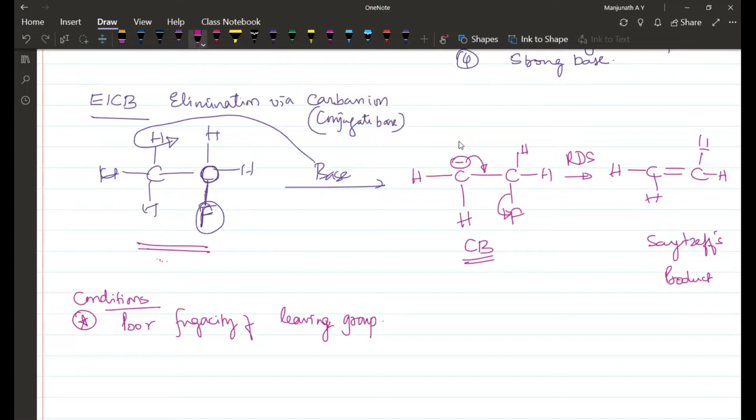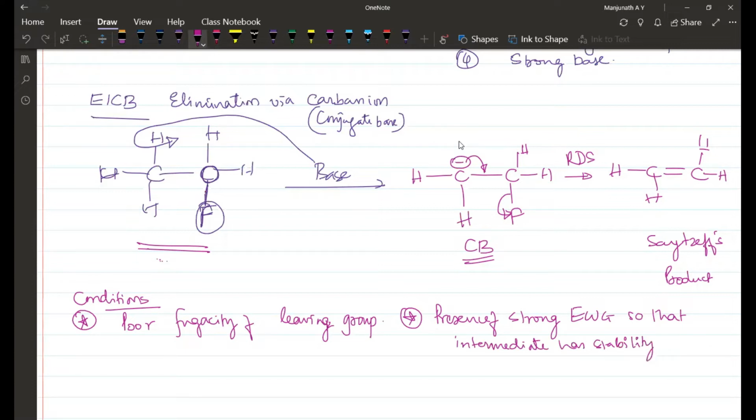Another important condition needed is the presence of a strong electron withdrawing group, so that the intermediate has stability. Though it is an intermediate, a certain degree of stability is needed for it to be formed. So that is essential. Only in such a case will E1CB take place.